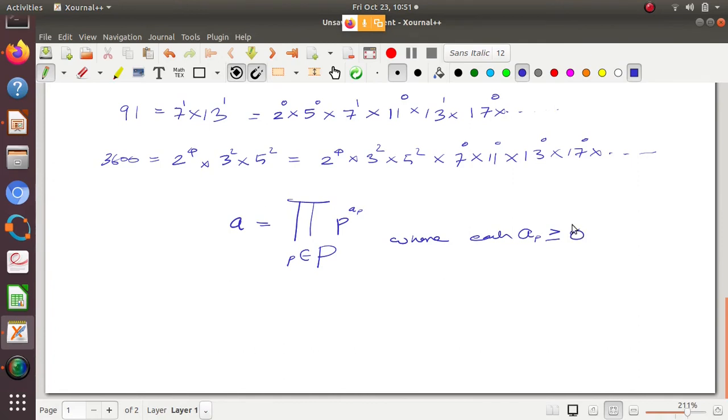So we can express any number like this. It is a product of all prime numbers with some power. That power may be 0 or more.